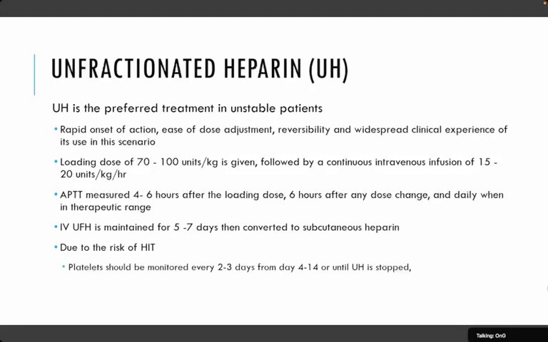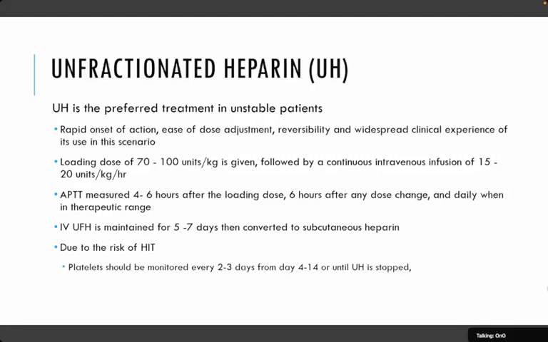It can be administered in one of two alternatives, either starting with an IV loading dose followed by subcutaneous doses every 12 hours, or giving it as a twice daily subcutaneous injection with doses adjusted to maintain a therapeutic APTT. So there are several acceptable protocols.